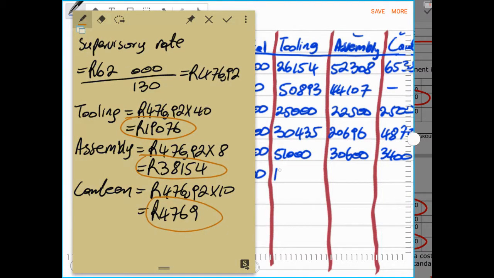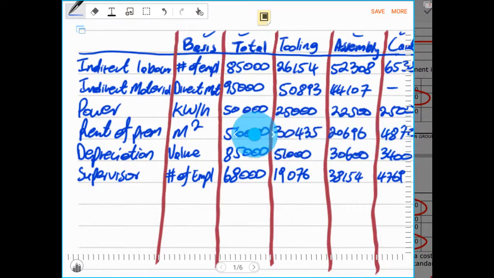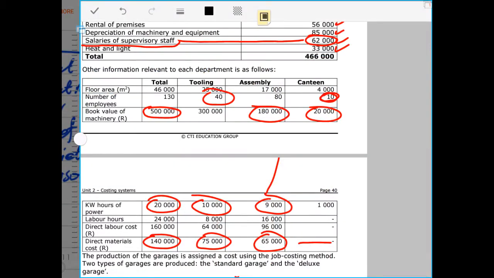Then we allocate that 19,076 and 38,154 and 4,769 is allocated for the canteen department. So now from here we must allocate the last overhead.